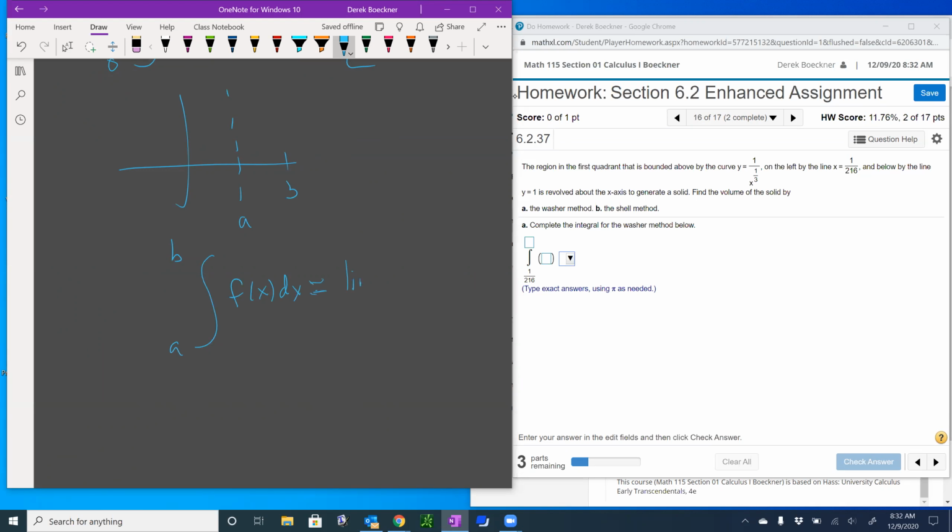You take the limit as c goes to a of the integral from c to b of f of x dx. So I can't actually plug in at a because I've got an asymptote there, but I can get close to it and then see what happens as I get infinitely close by using a limit.